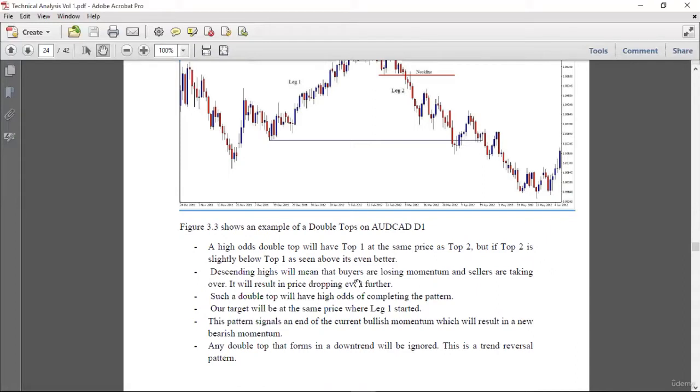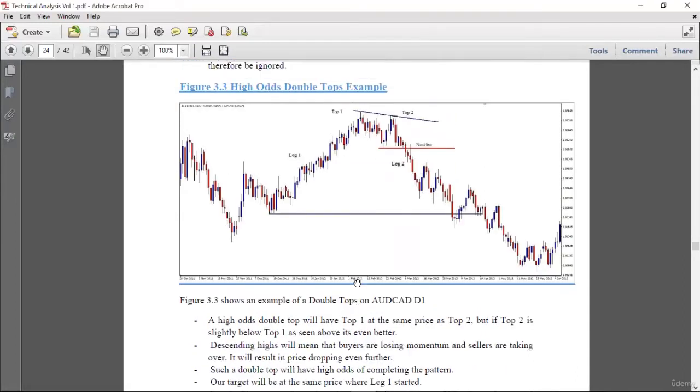So if the market starts printing lower highs like this, it means there is so much selling pressure.